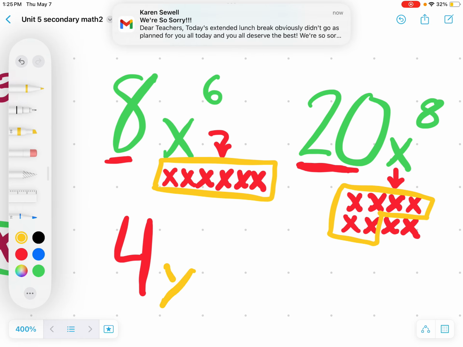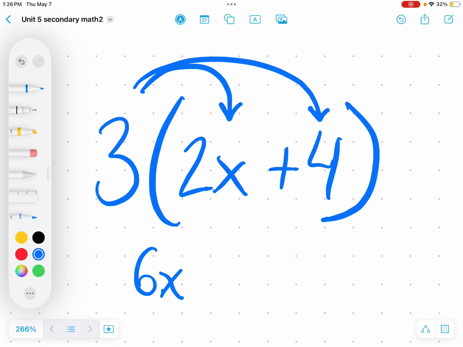Now, do you remember how to do distributive property like this? How do we do it? You multiply the outside number with all the numbers inside the parentheses. So 3 times 2 is 6x, plus 3 times 4 is 12. Now let's tweak this problem a hair. Say this was 3x cubed, and this was 2x squared plus 4x.